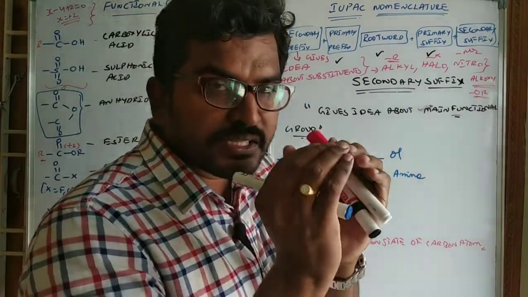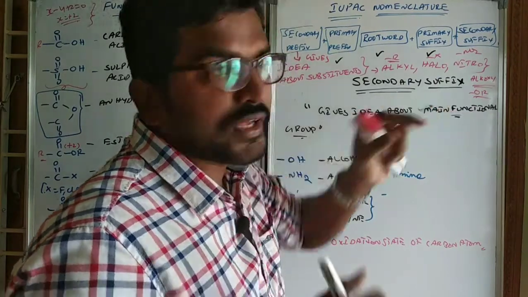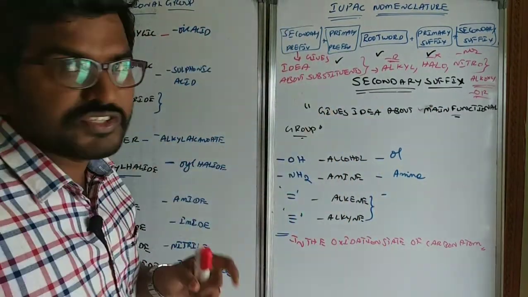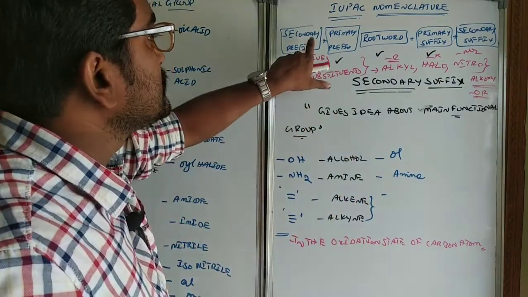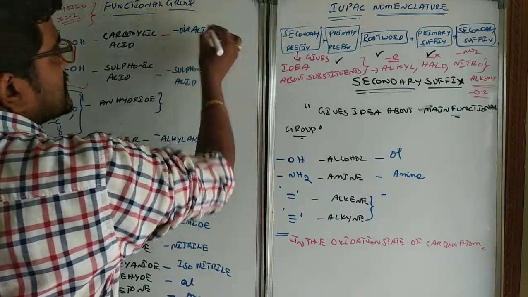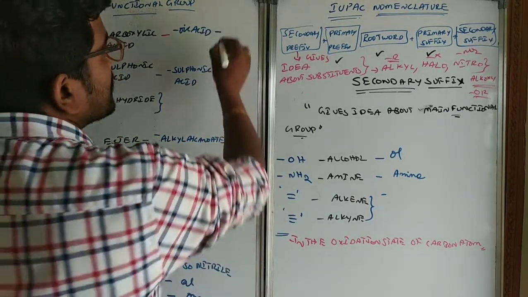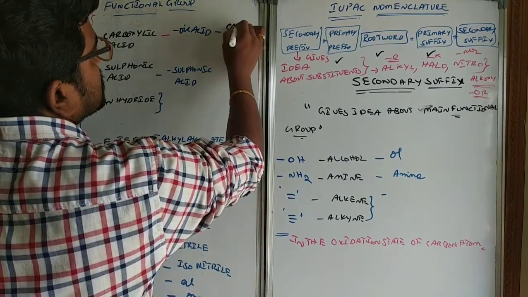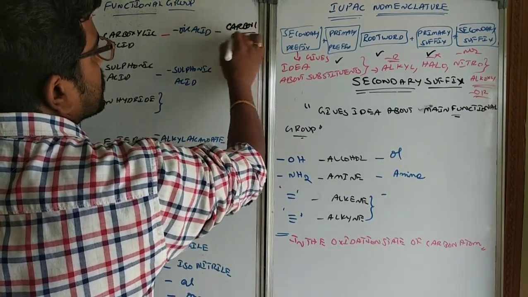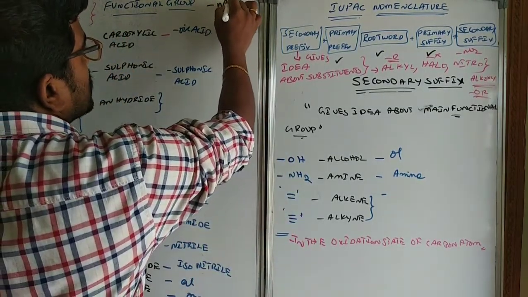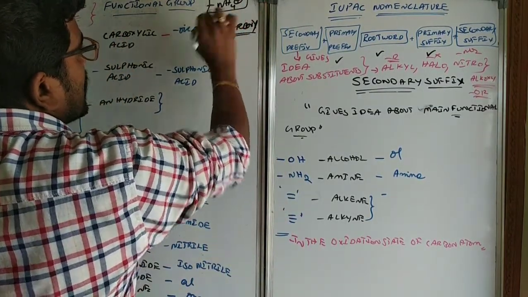After identifying the secondary suffix for any compound, we will go to the secondary prefix, which gives an idea about the substituents. If carboxylic acid is present as a substituent, it will become carboxy. There is one more functional group, ammonium salts.